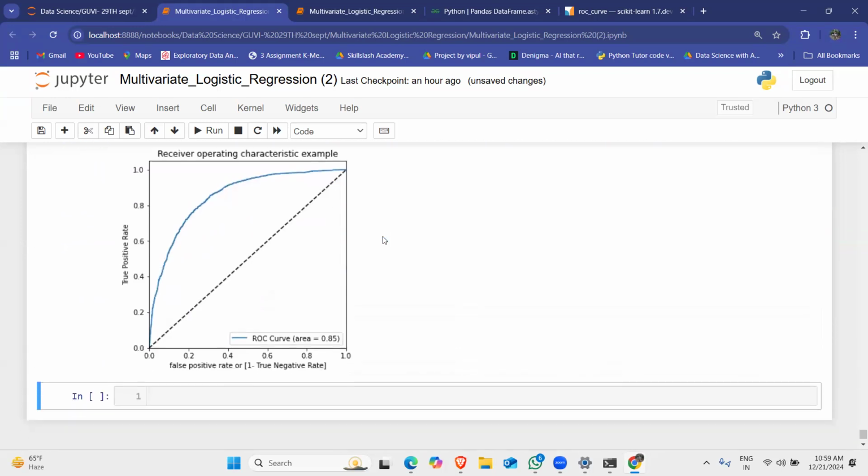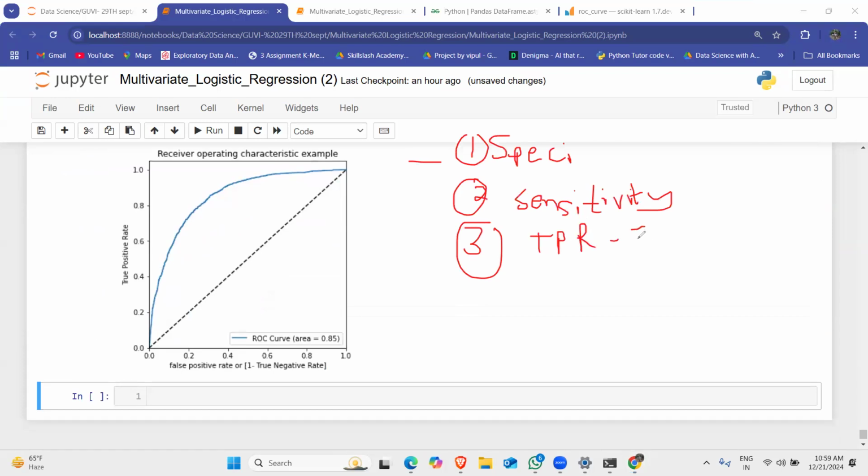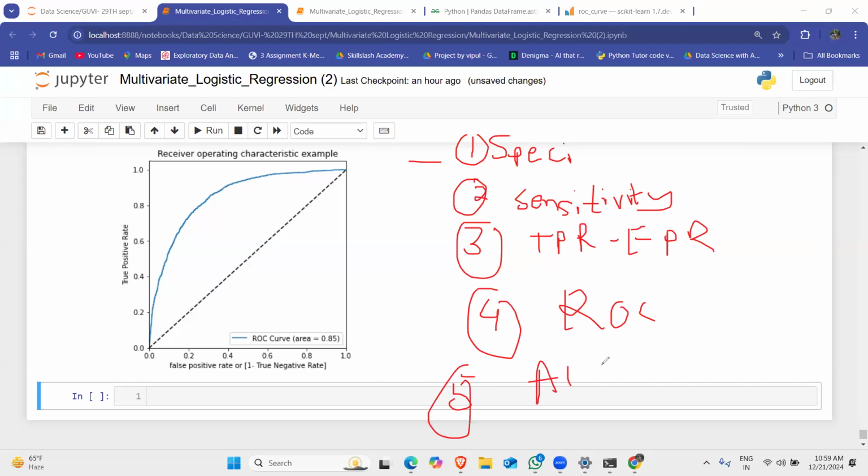Now, let us discuss these terms. One is specificity. Second one is sensitivity, right? And third is true positive rate and false positive rate. Fourth one is the ROC curve. Fifth one is area under the curve, AUC. Right? So let us try to understand this.